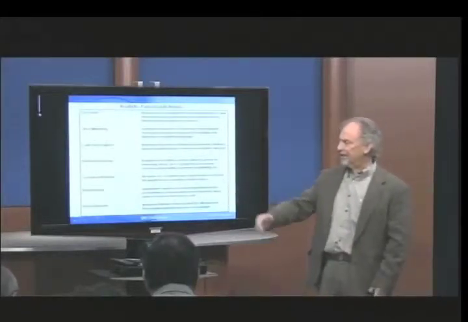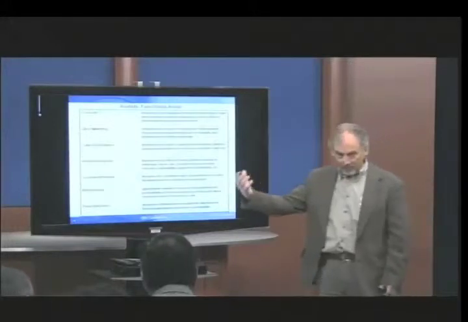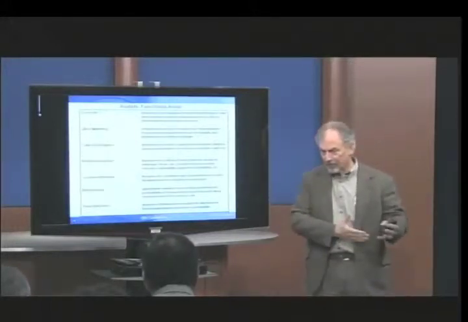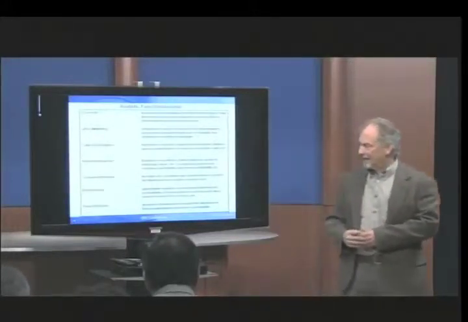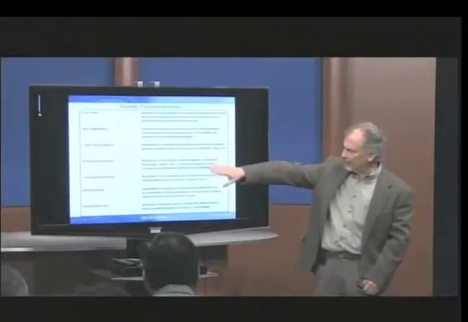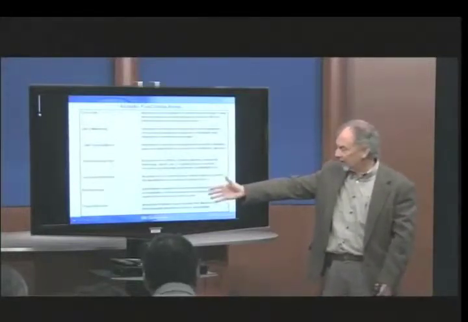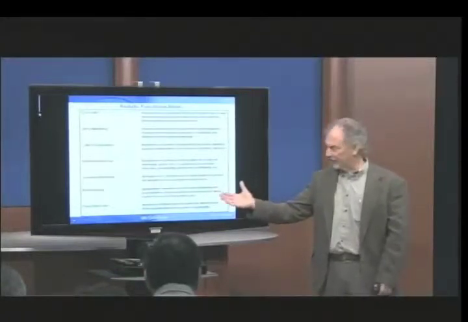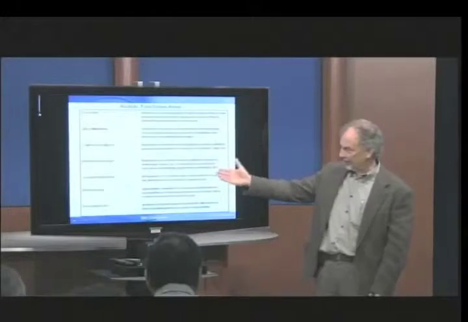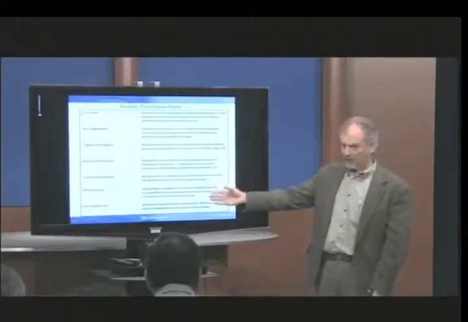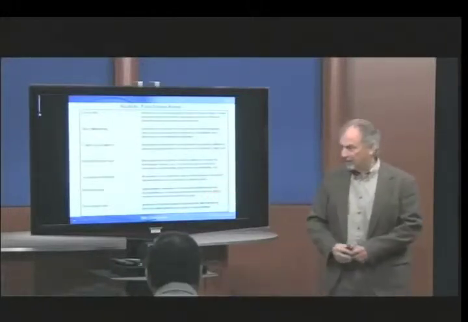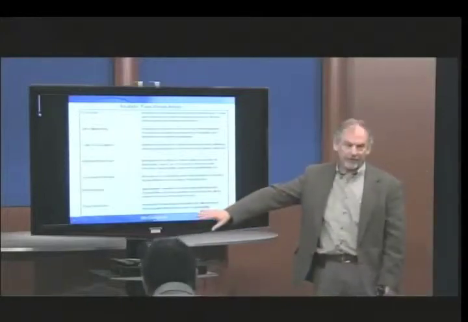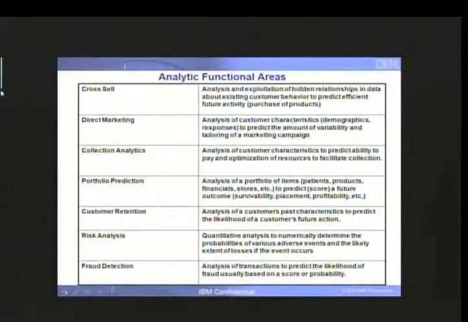Portfolio prediction, that can be private wealth management stuff in the commercial side, or it could be investment banking in the algorithmic trading side. Customer retention, risk analysis is becoming more and more important in the industry today, particularly since all the folks who were doing a lot of this portfolio prediction screwed up, and now they're all worried about risk analysis. And then a very big area is fraud detection, particularly in our banking environments and our insurance environments, and this is becoming more and more important.